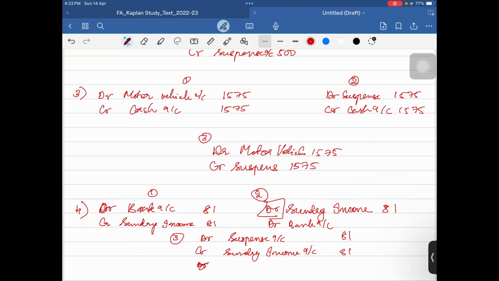Your mistake becomes zero. It is just going to cancel the amount. Would the sundry income increase? No, because it gets nullified. There is no sundry income as such if you just debit it.